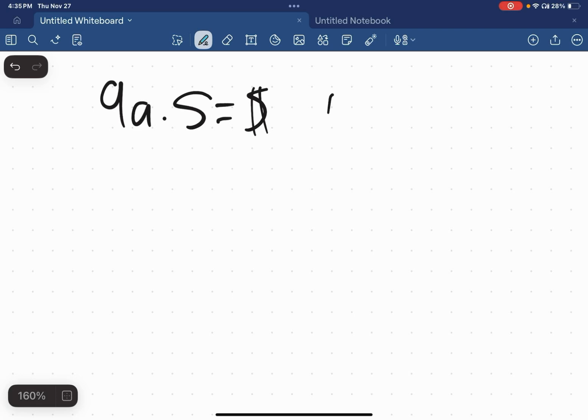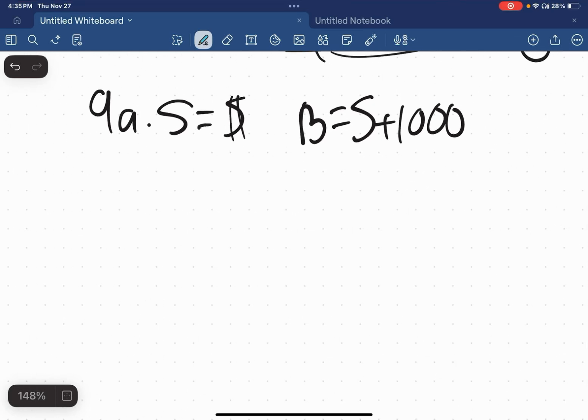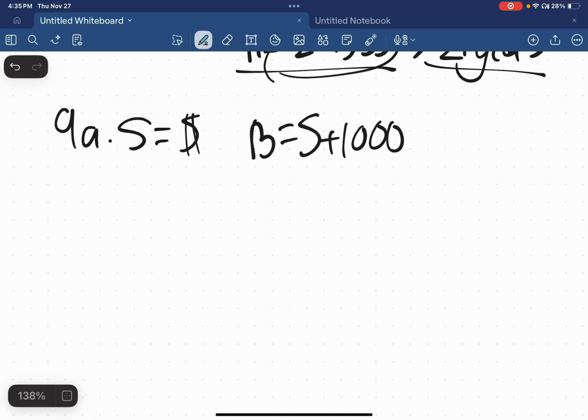And we're going to have B equal to S plus 1,000, because as the equation said, his bonds were just the amount that he added to the savings plus 1,000. And then the remainder of this goes to his shares.